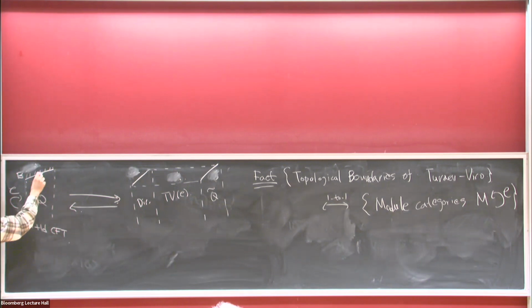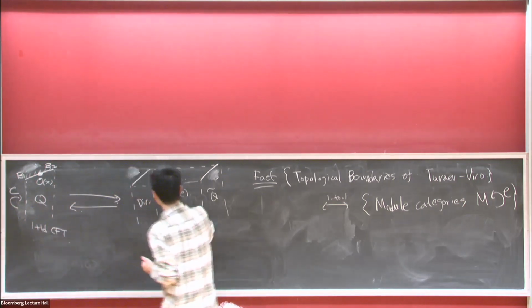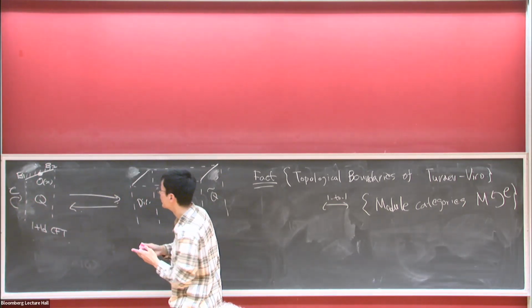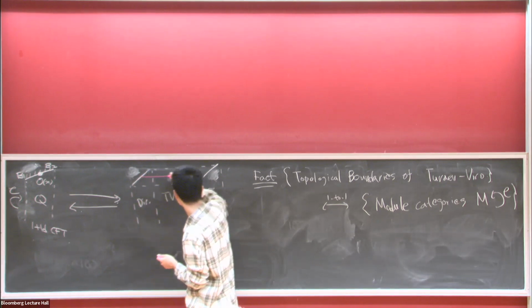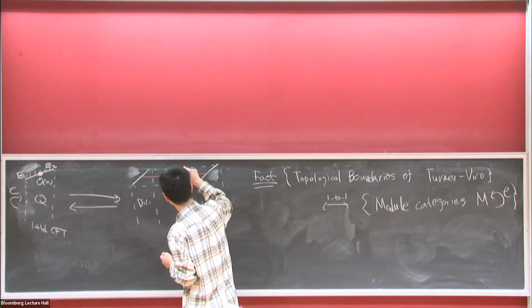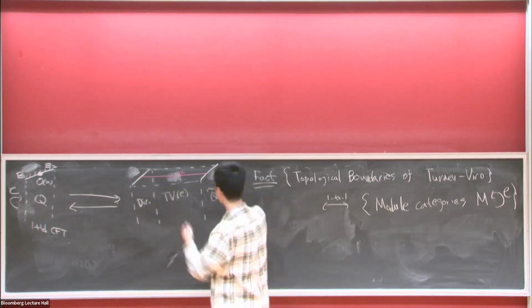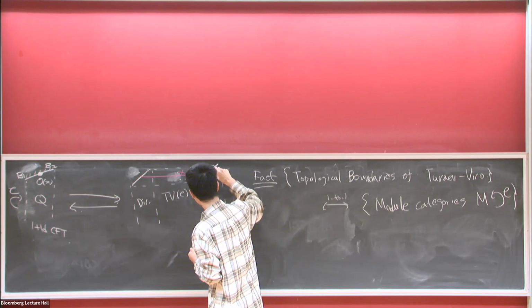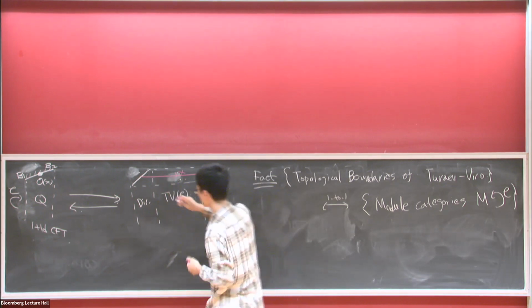Just to move on, if you start from a boundary changing local operator in the 1+1D side from a B1 boundary to B2 boundary conditions, we propose that in the 2+1D picture, this boundary changing local operator becomes this extended configuration.